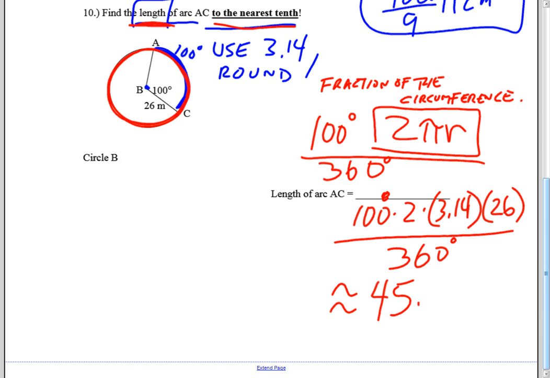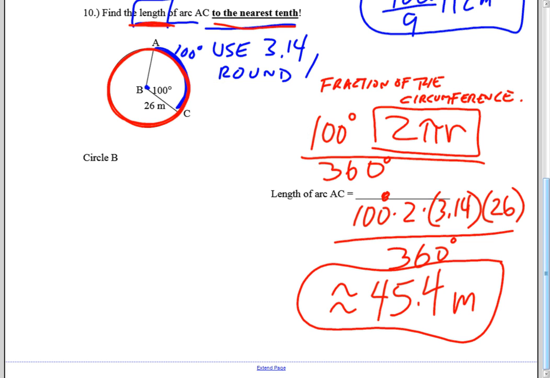I need 1 decimal place for the nearest tenth. What kind of units do you use for lengths? Just regular distance. No need for squaring or to the third power. It's just a normal distance.